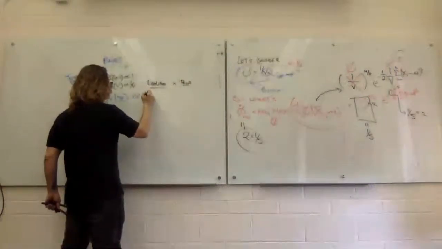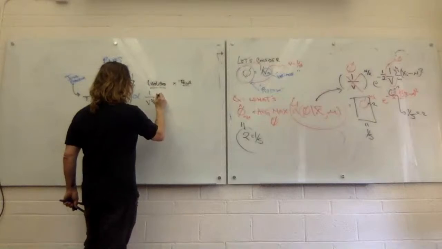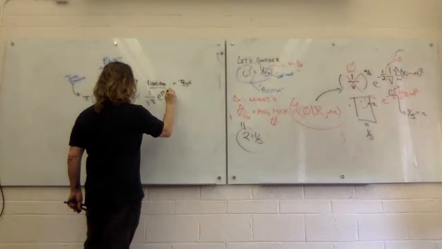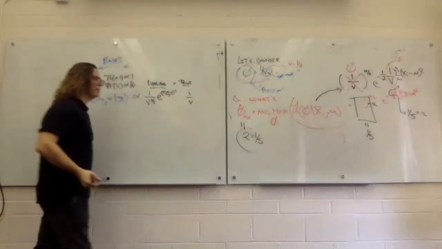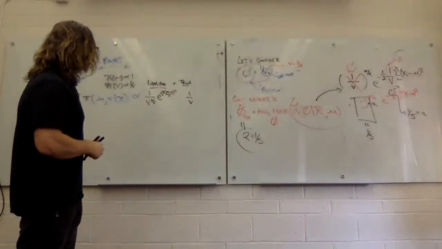So same likelihood function, 1 over v to the n over 2, e to the minus 1/2 sum of (xi minus mu) squared over v. And my prior is 1 over v. Now I've argued maybe this is a good prior. Well, let's see how it does.